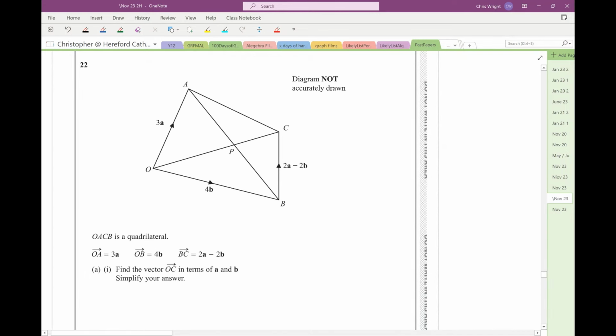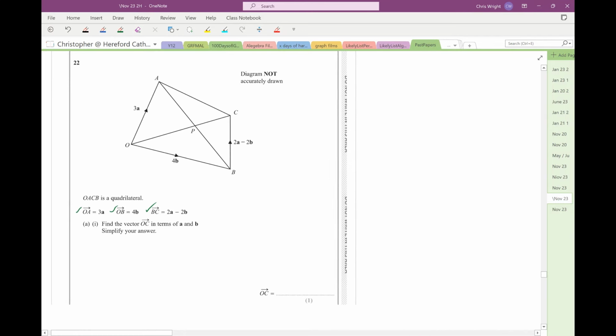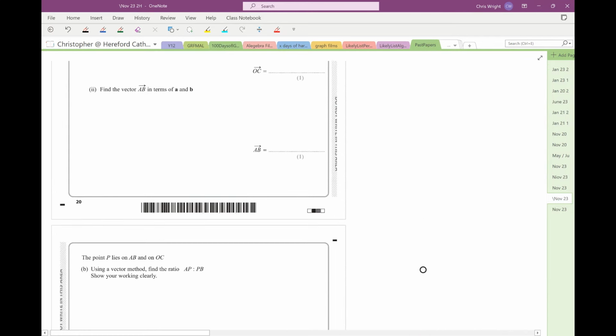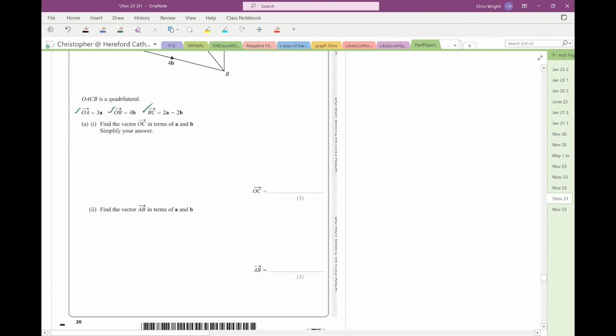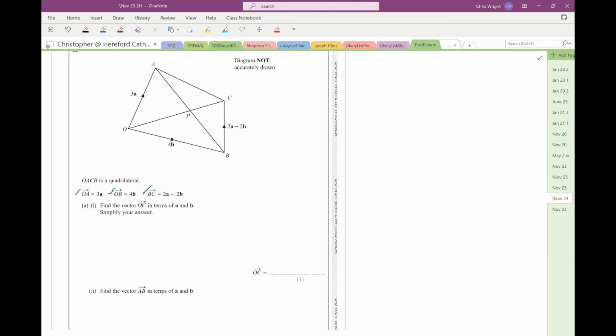First thing to do, make sure that all the information you're given is written onto the diagram, and indeed it is. Now find the vector OC in terms of A and B. Right, so I'm going from O to C. Now that's going to be OC. Now I tend to do these very slowly and carefully because there's no way I'm going to make a mistake.